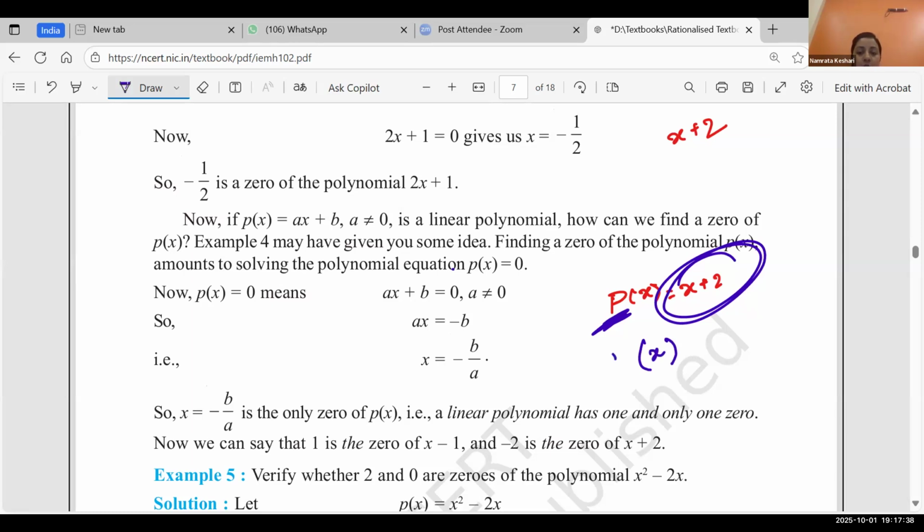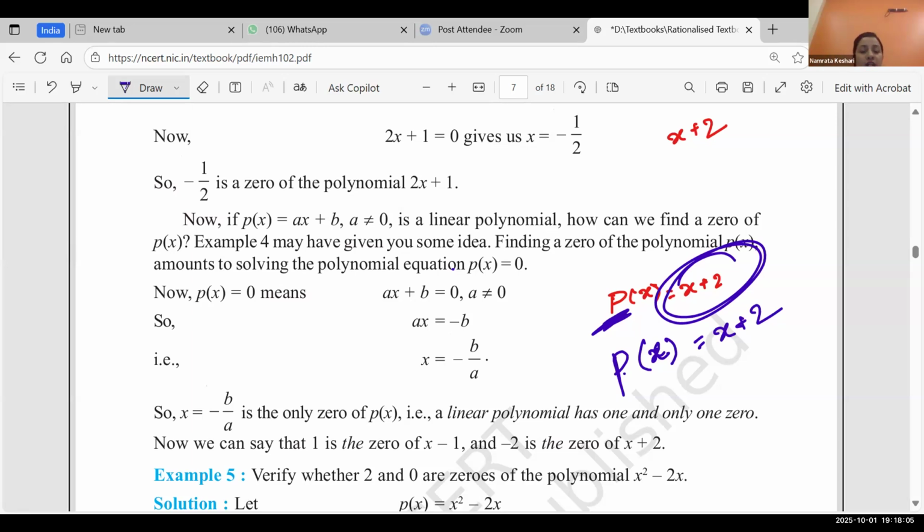The name of the polynomial is p, and this polynomial p contains the variable x. Here p into x is not there. This is just a way of writing it. P is the name of the polynomial, and in the bracket the variable is x.